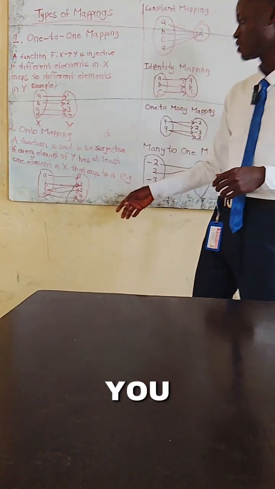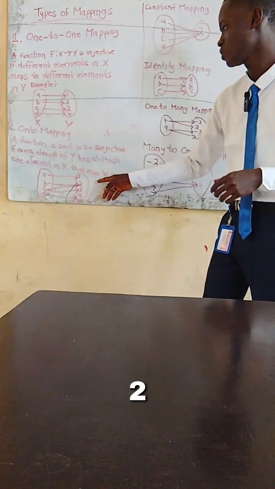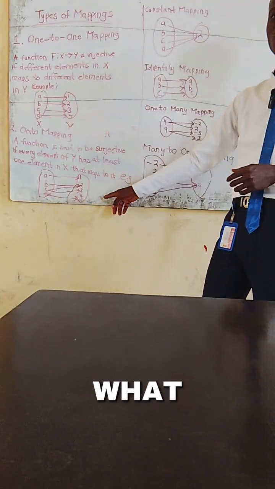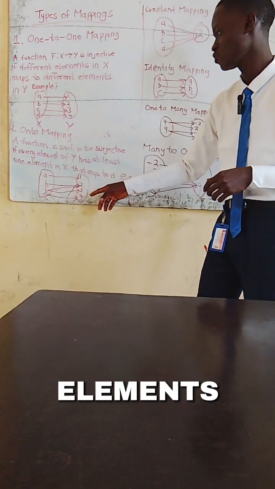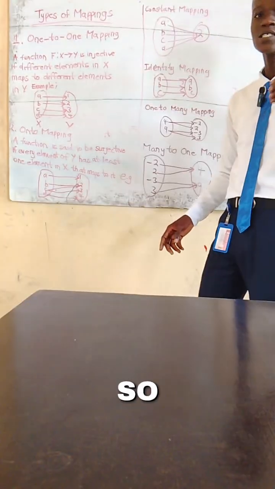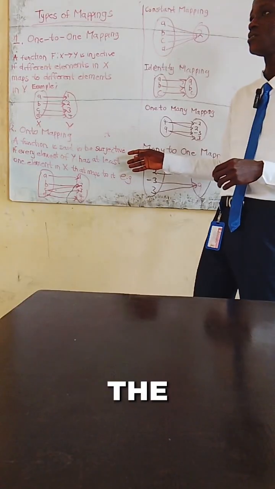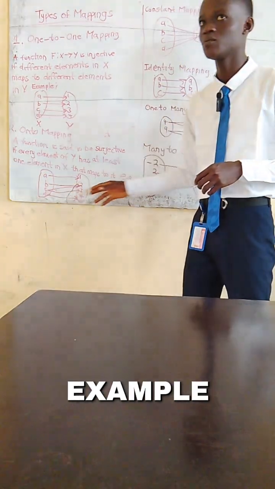Here, A maps to 1, B maps to 2, C maps to 2 and 3, while D maps to 4. So you can see that C maps to two different elements, which are 2 and 3. We have illustrated the essence of onto mapping in this example.